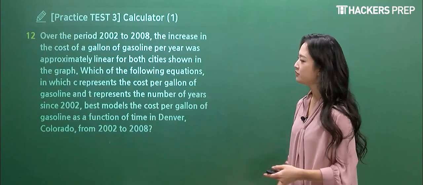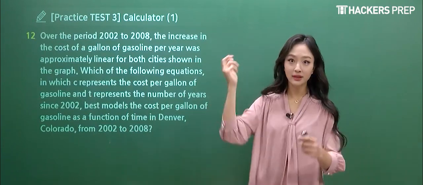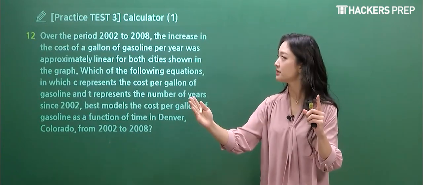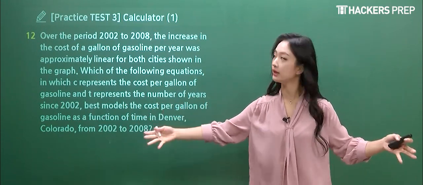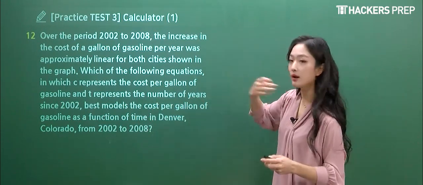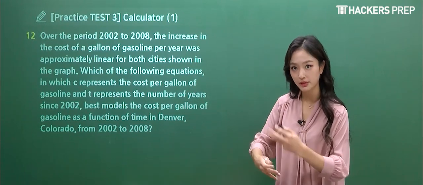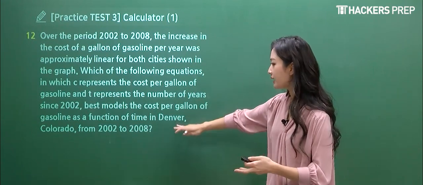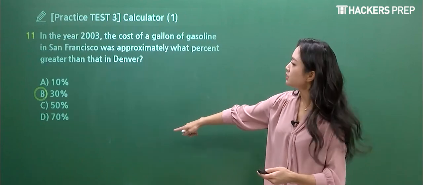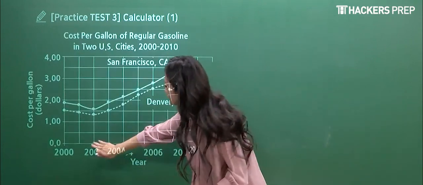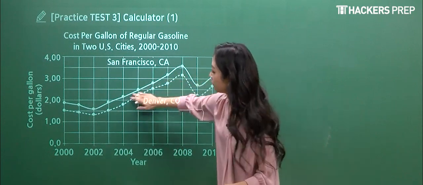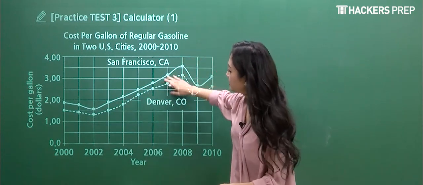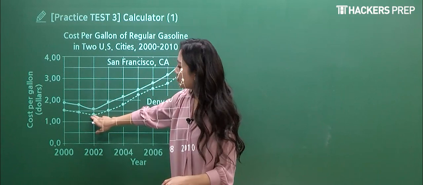Alrighty. Moving on to the next question. So we're only looking at a specific time frame of 2002 to 2008, although they did provide many other years as well. And they're asking us to come up with an approximation, a linear graph for Denver from these years. So you go back and you're like, okay, from 2002 all the way to 2008, Denver has an overall linear trend going on, and it's starting off with a value of about 1.4.